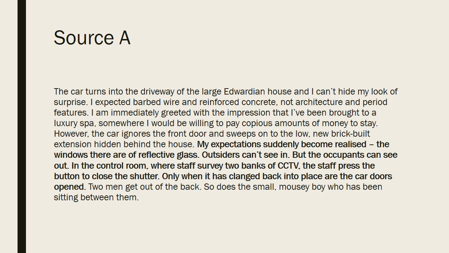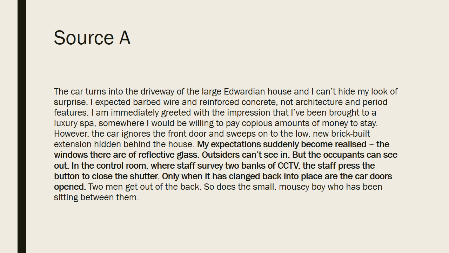Well, infer again what that says. Why wouldn't outsiders be allowed to see in? Think what might be going on inside. Okay? Think how private that might be. Think how he's suggesting that this therefore is far more like a prison. He carries on. In the control room, staff survey 2 banks of CCTV.